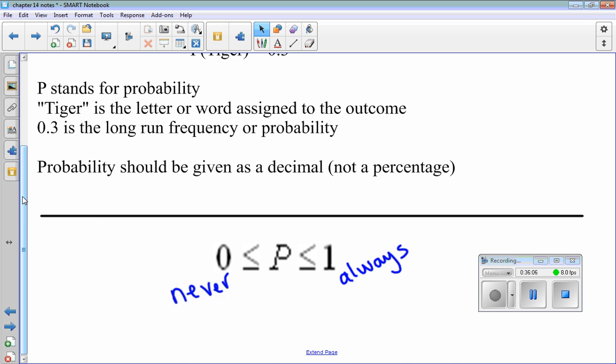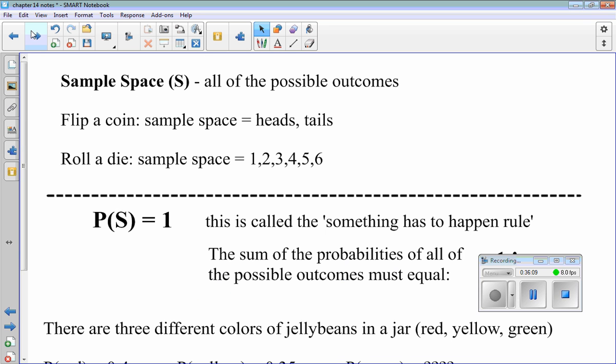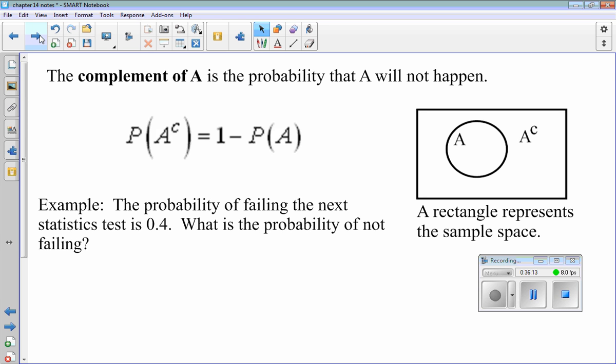Okay? All right. We already know what a sample space is, so we're good. We already have discussed the idea of complement, but I want to talk about the notation. Each book is a little bit different, and AP kind of wants us to know several different notations. But this little C here does mean complement.